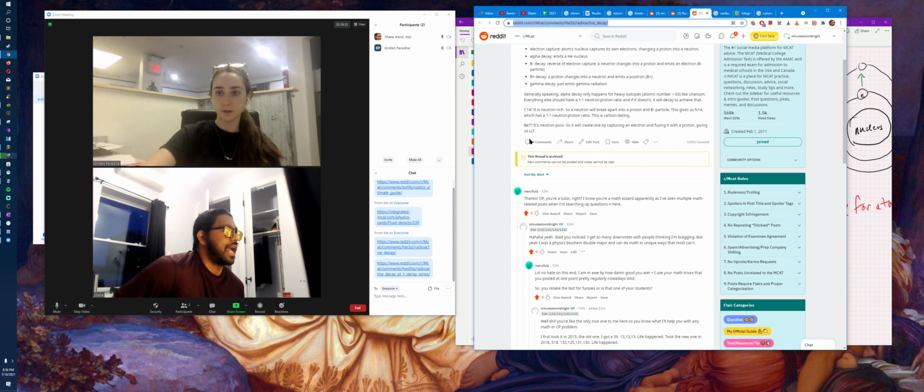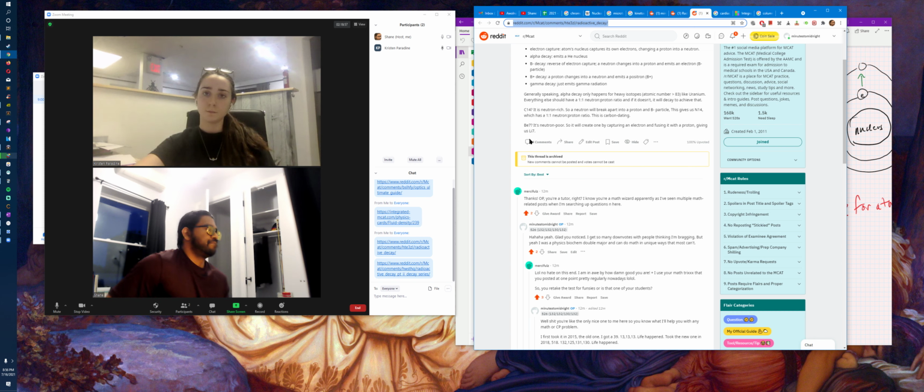Oh yeah, that's alpha decay. That happens for really heavy isotopes like uranium, and it essentially emits an alpha particle, which is a helium nucleus, so a charge of 2 and weight of 4.